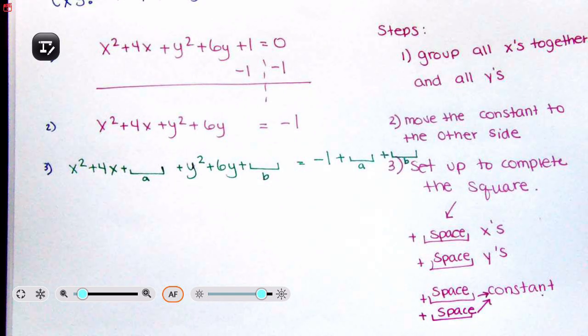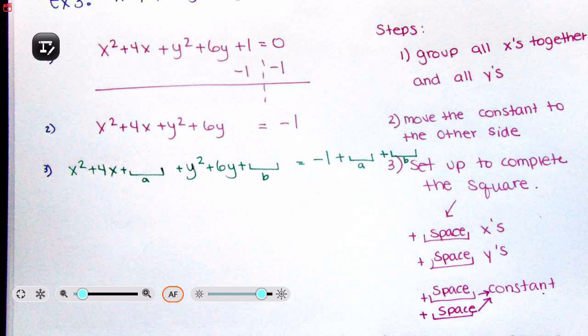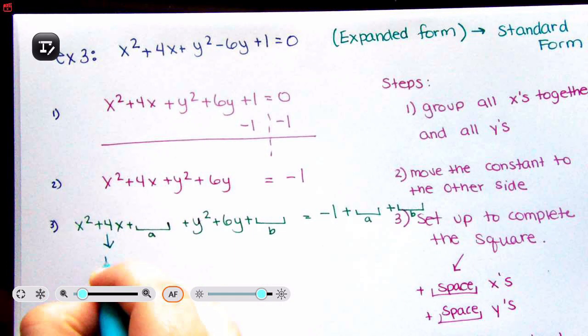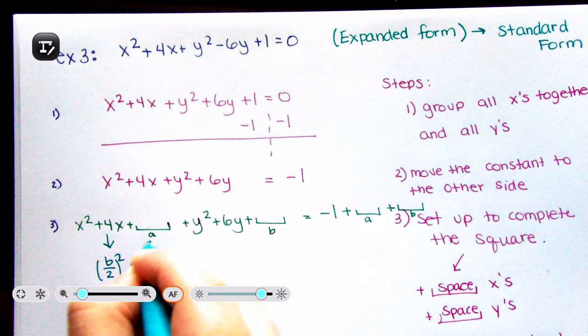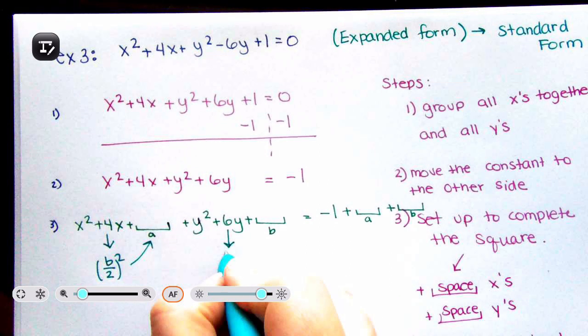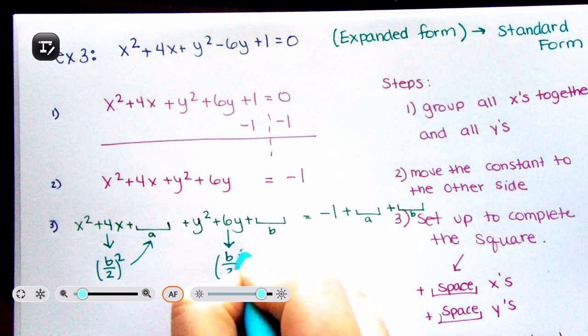Now we are ready to complete the square, and you're basically completing the square twice. So step number 4, complete the square. One for the x's, and then the second time for the y's. So let's do that. Here's our b value divided by 2 squared, goes here. Then here's our other b value, goes there.